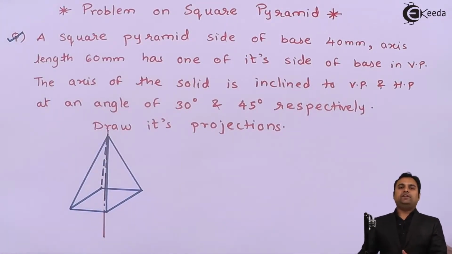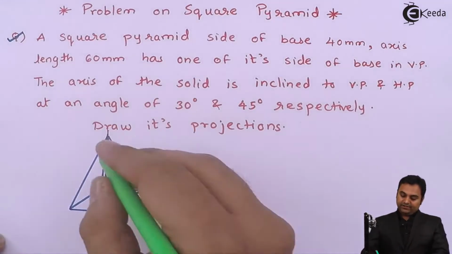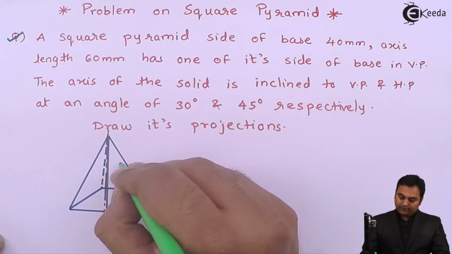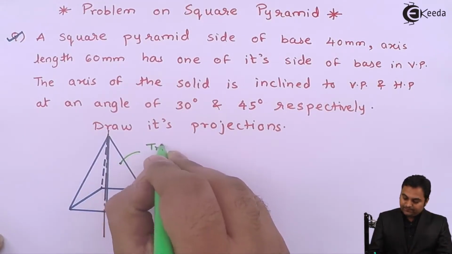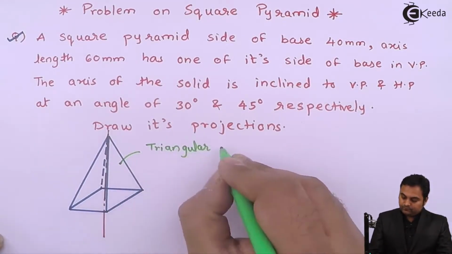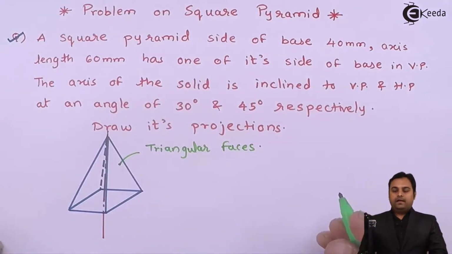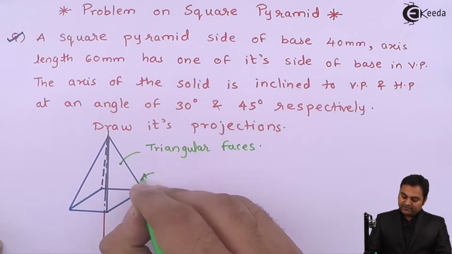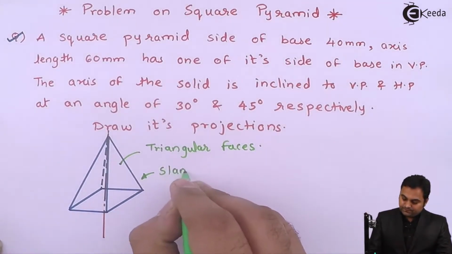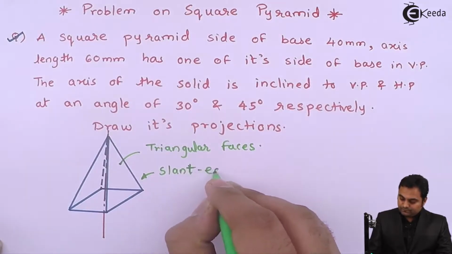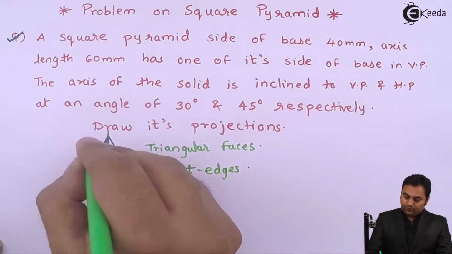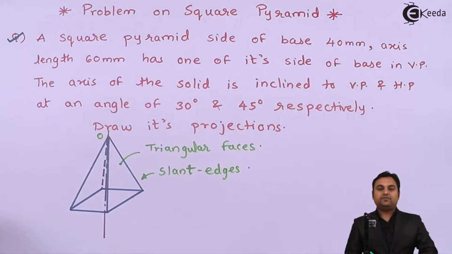It is called a square pyramid because the base is in the form of a square, and it has four triangular faces, and these are the slant edges of the pyramid. O is the apex of this pyramid.